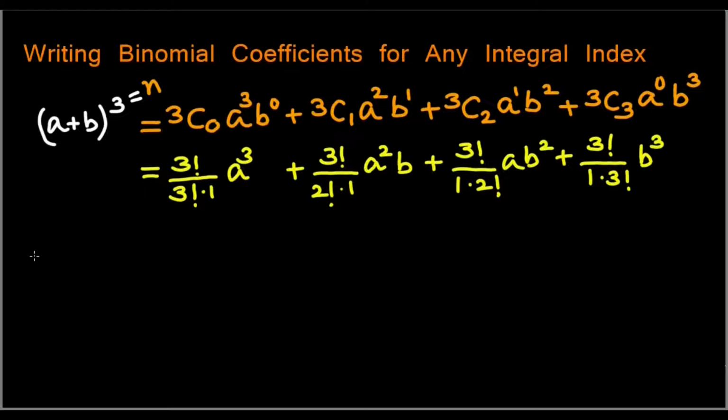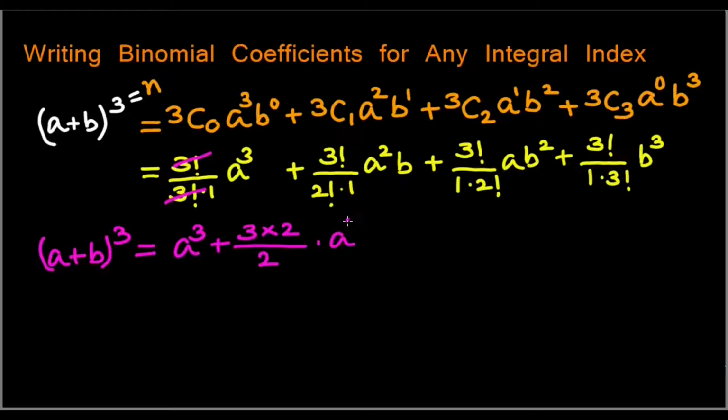So finally this (a plus b) cube will be 3 factorial cancels with this 3 factorial, it will be a cube. 3 factorial will be 3 multiplied by 2, 2 factorial will be 2, into a squared b, plus 3 factorial will be 3 multiplied by 2, 2 factorial will be 2, a b squared, plus 3 factorial cancels with this 3 factorial, b cube.